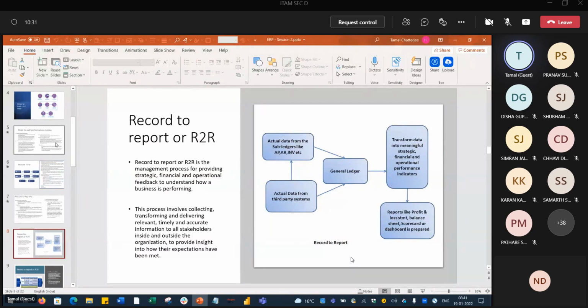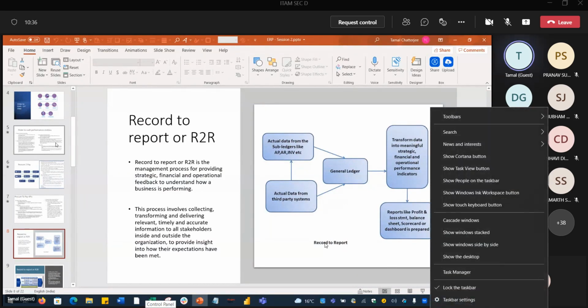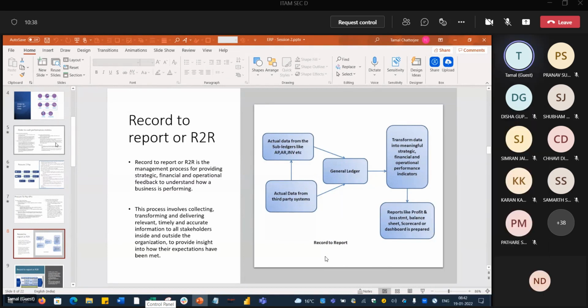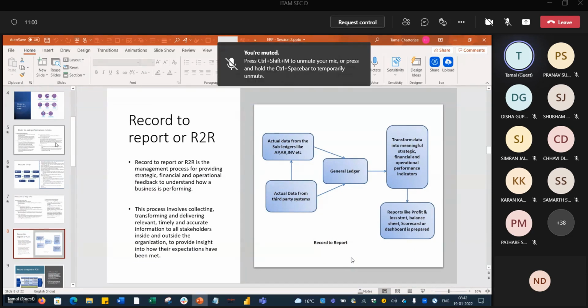So whenever you see the term O2C, it will be sales. Whenever you see the term procure to pay, P2P, it is procurement, and R2R is the finance and the recording of the accounts data. The center of this process is the general ledger.